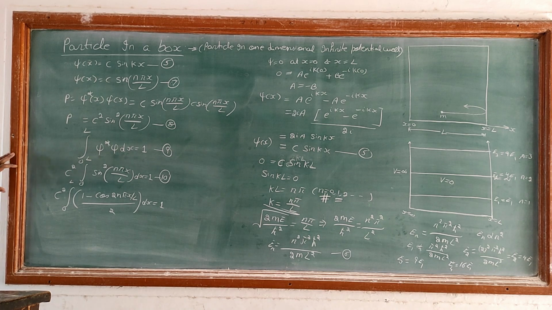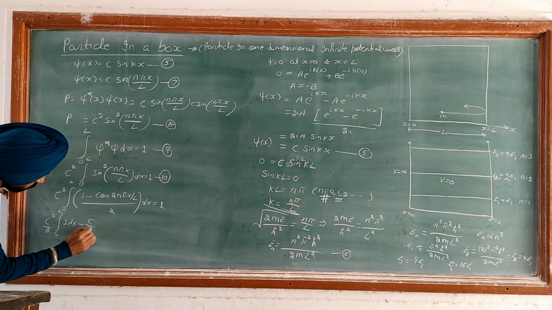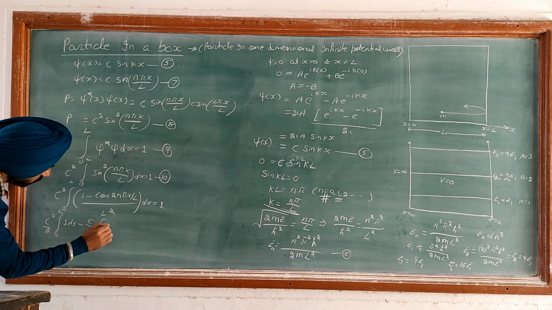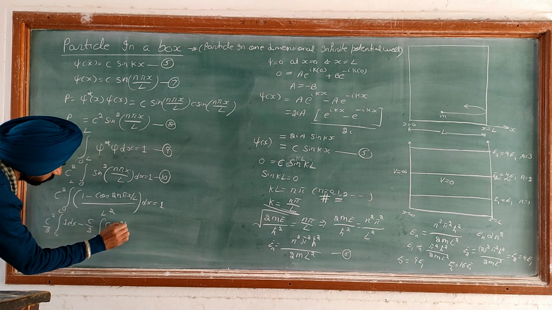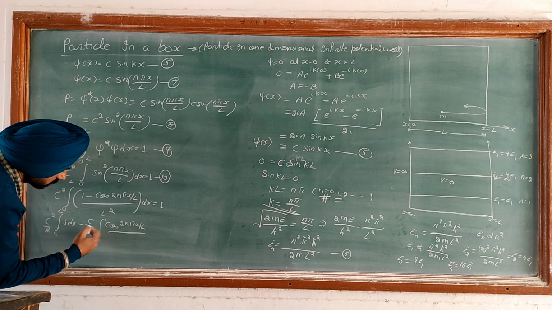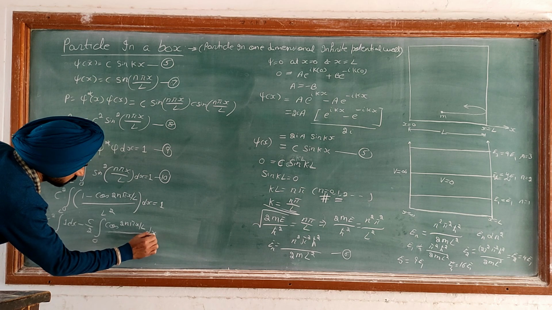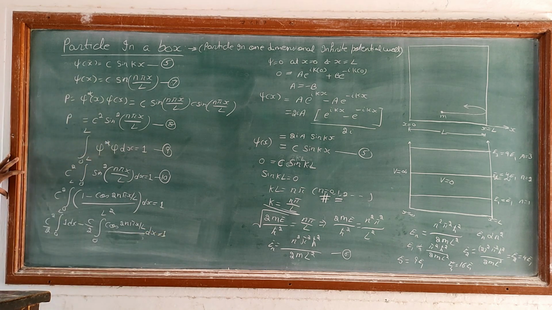Now we integrate it as c square upon 2 integral 0 to L of 1 dx, minus c square upon 2 integral 0 to L cos 2 n pi x upon L dx, equal to 1.